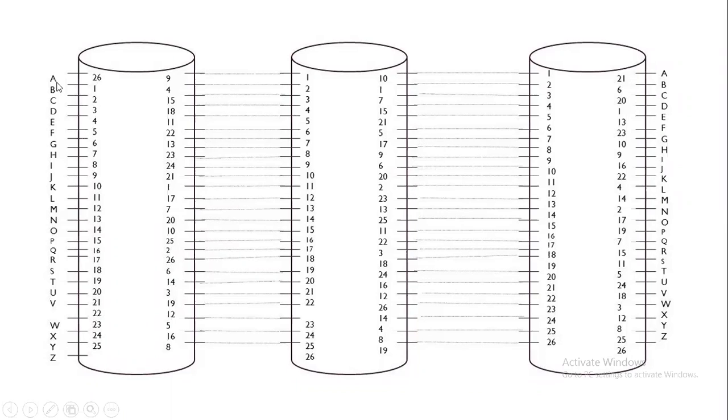If I press A, that is 26. 26 equals pin 18. And 18 will be equal to V. If I press A, our output will be V. This is more secure as compared to one cylinder.